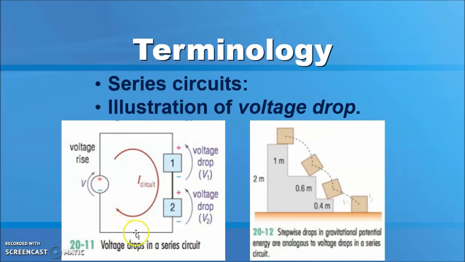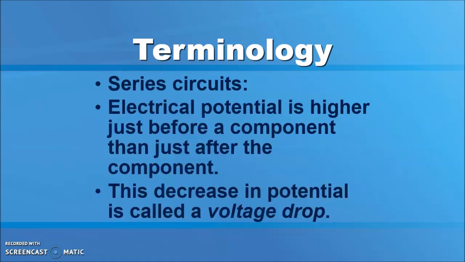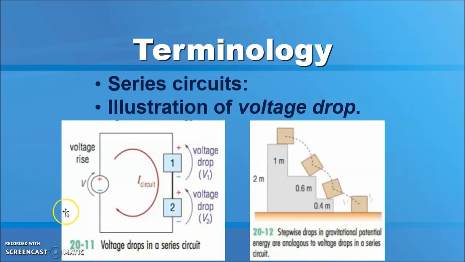Here is an example of a circuit in series, where the current is going around this way and going back around, and around. What we just said was the electrical potential is higher just before the component.